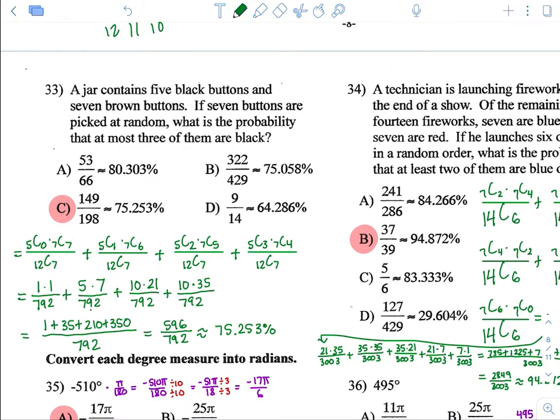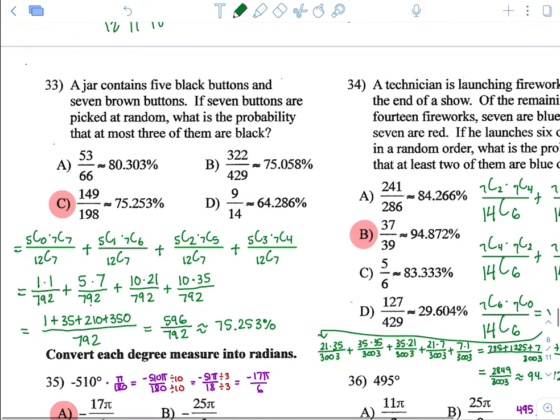So that's why this is 0 for 0 black buttons, this is 7 for 7 brown buttons, and since there's 5 black buttons, that one's 5, and there's 7 brown buttons, so that's 7. So that's the first case. Now you gotta do the second case.